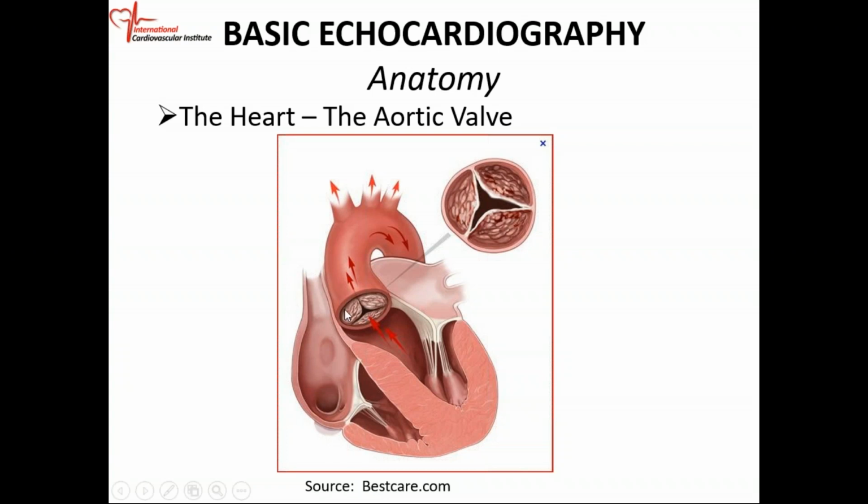So you have a right, a left, and a non-coronary. The reason why we say the right sinus gives off the right coronary, the left sinus gives off the left coronary, and this is a non-coronary because it doesn't give off any coronary artery. So that's why it's called non-coronary.